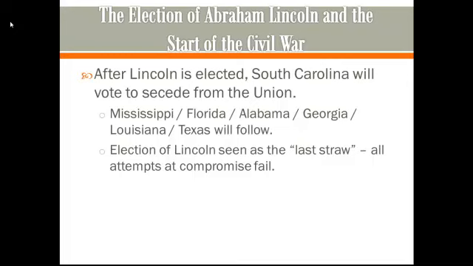Then the states of Mississippi, Florida, Alabama, Georgia, Louisiana, and Texas are going to follow soon after. So shortly after Abraham Lincoln was elected president, his country started to tear itself apart. All attempts at compromises have failed, and the South feared Abraham Lincoln, and they saw his election as the last straw, that the North would simply always use their larger population and political power to control the South.